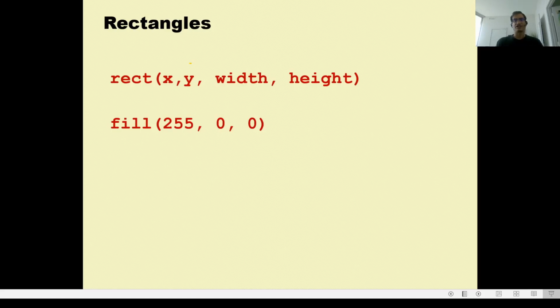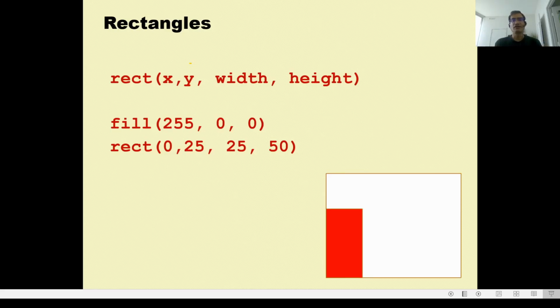We'll look at the colors in a second, but for now, go with me. I want to fill it to be red. And then I'm saying draw a rectangle from X is 0, so it's on the left edge of the canvas, but 25 pixels down. I want a width of 25 also, but I want a height to be 50, right? It's double, so it's a tall one, not as wide.